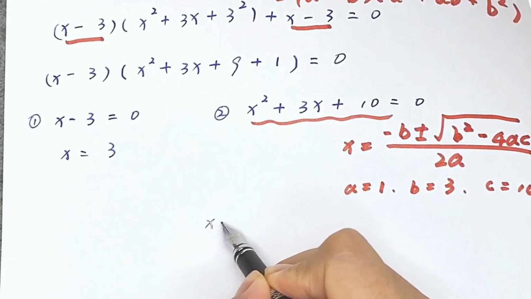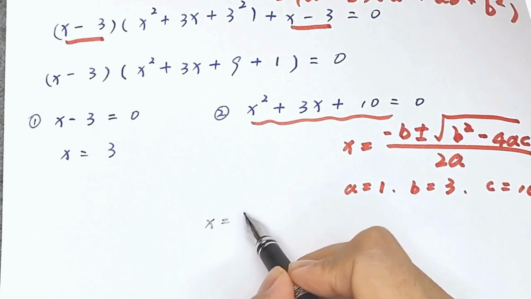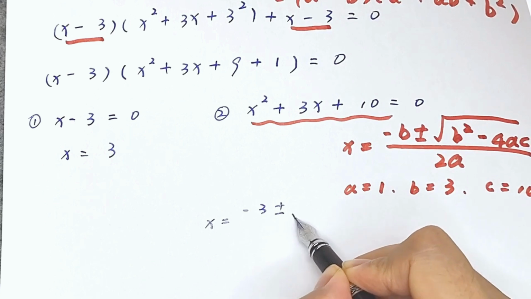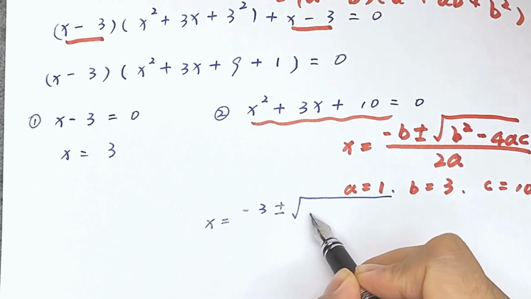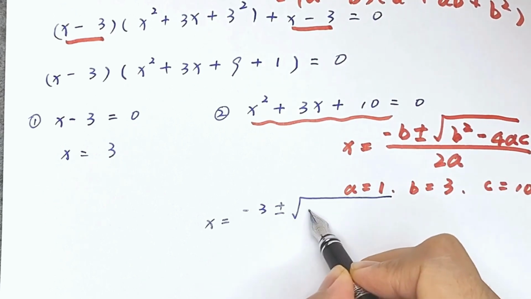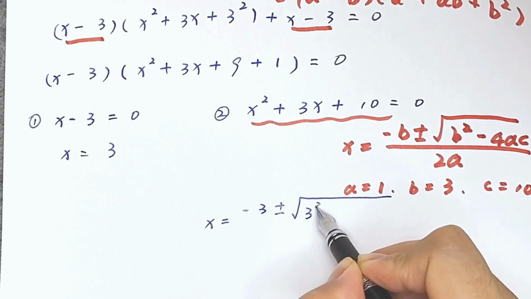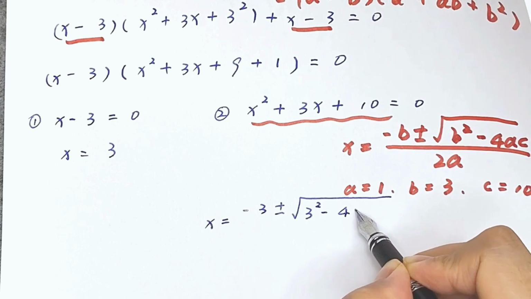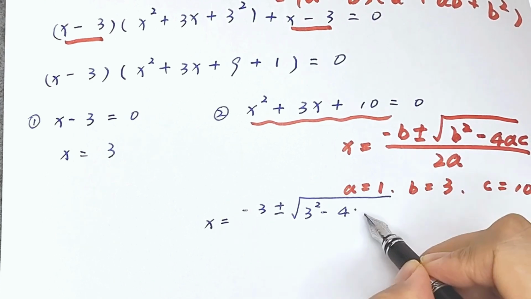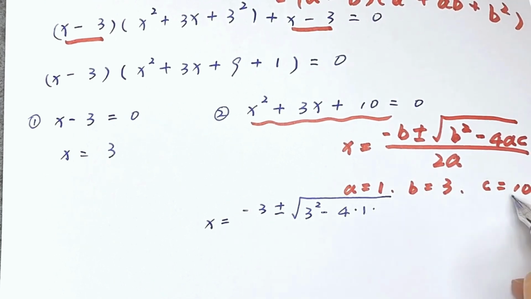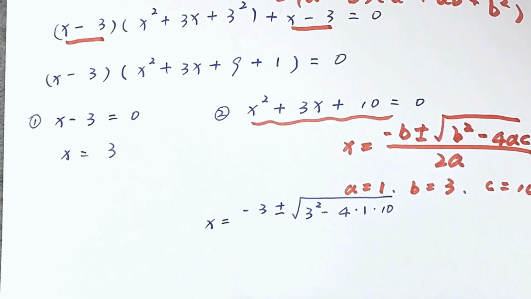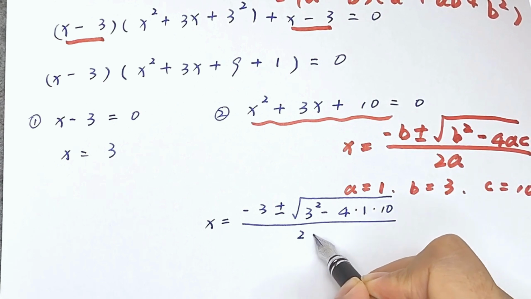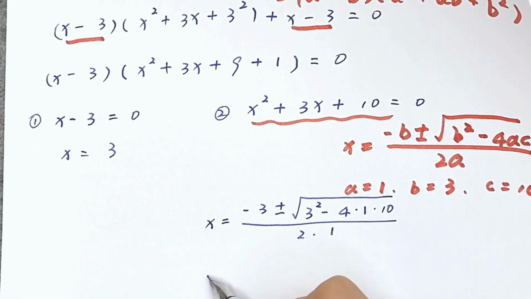So x equals negative 3 plus or minus square root of 3 squared minus 4 times 1 times 10, divided by 2 times 1.